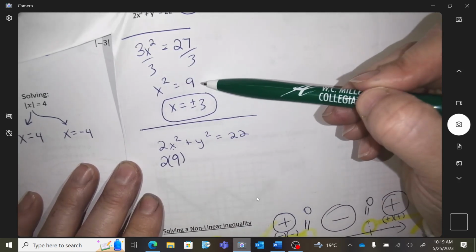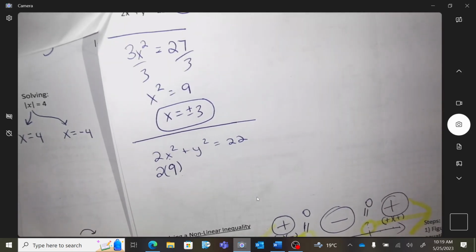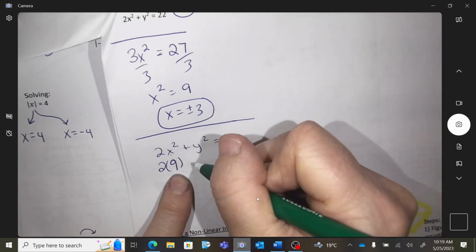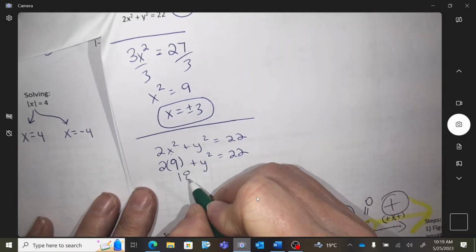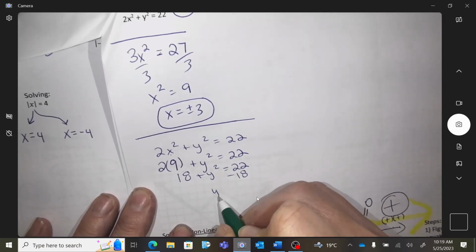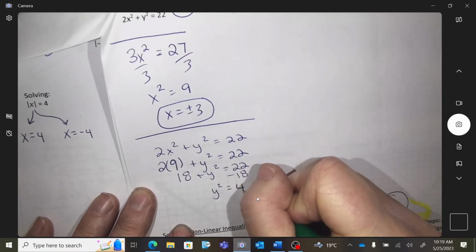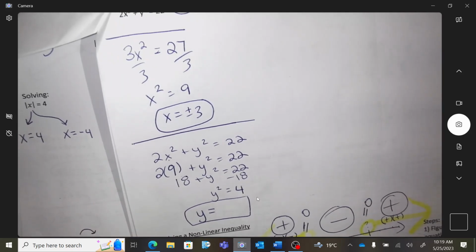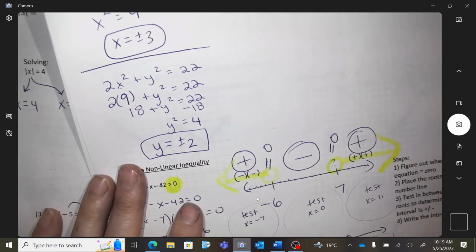Because x squared right here equals 9. So I can just replace x. You don't need to write -3, positive 3 squared. Just go with a 9 because we know x squared is 9. Plus y squared. So 18. And subtract is 4. So y equals plus or minus 2.